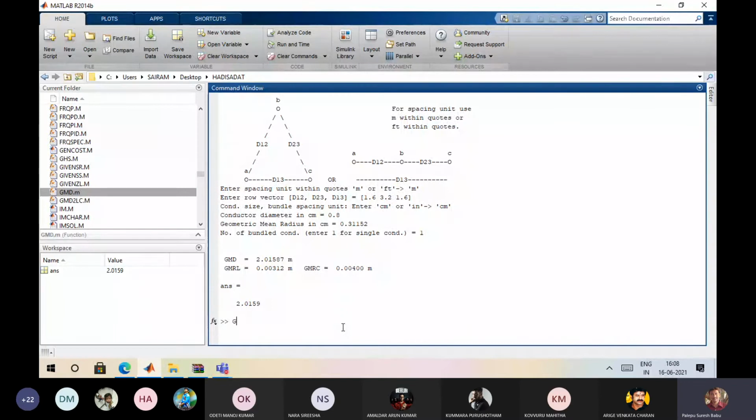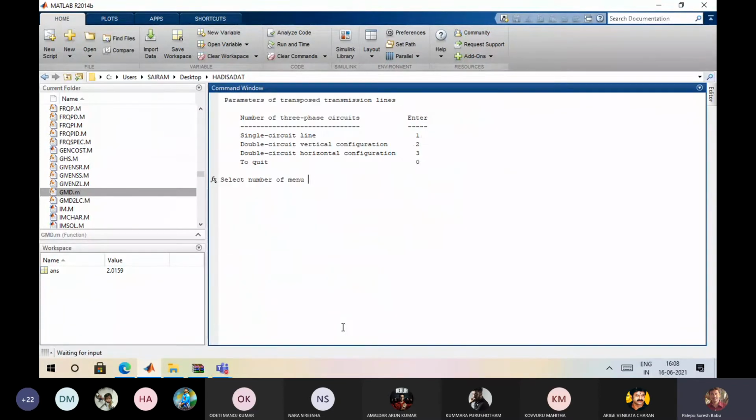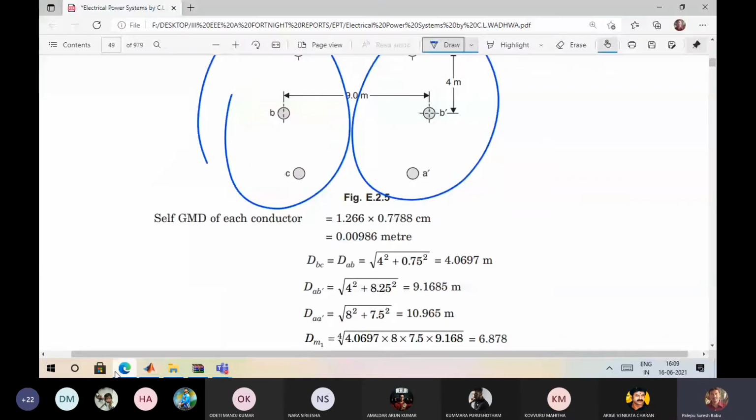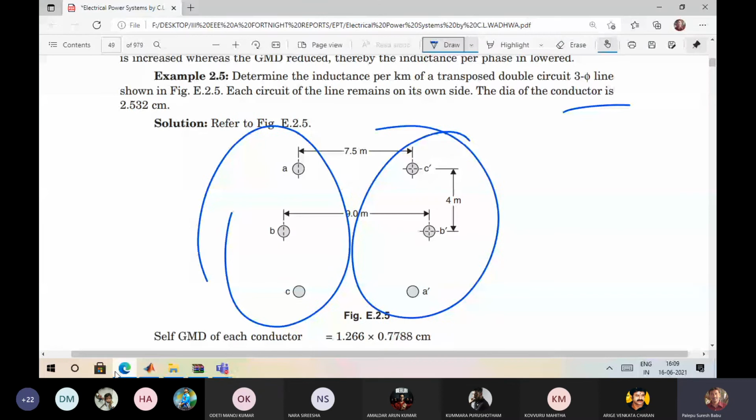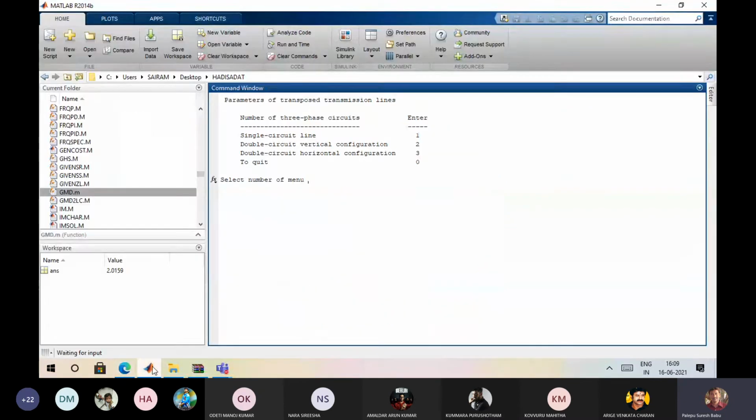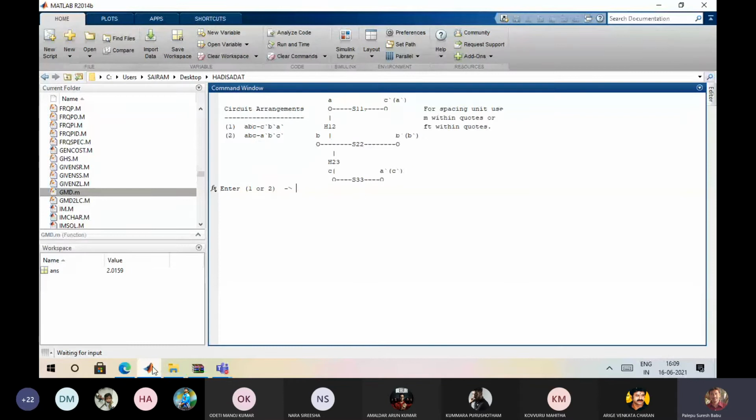So once again we type the GMD. It is a double circuit line. Is it vertically configured or horizontally configured? That is very important. For a vertically configured circuit we enter 2, and for a horizontally configured circuit we enter 3. Here you can see in the problem how the conductors are configured. The conductors are arranged vertically, so we select vertical and type 2.